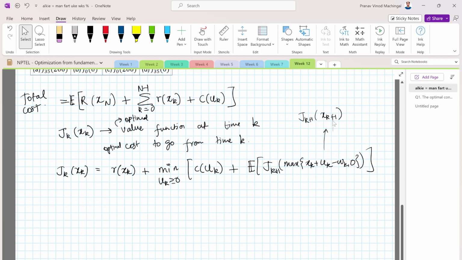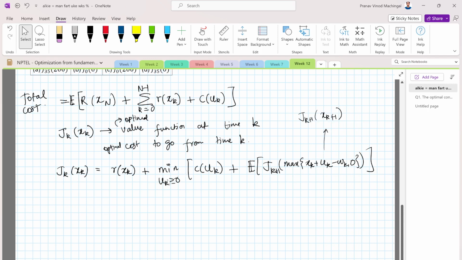So from state xk+1, what is the optimal path to go, the optimal cost to go? That is this. You take the expected value of that and you take this min from the cost you ordered, because that also depends on uk, and this Jk also depends on uk because xk+1 depends on uk.